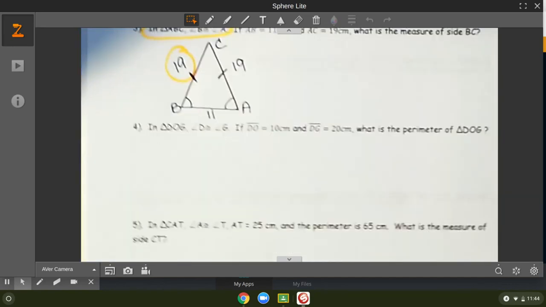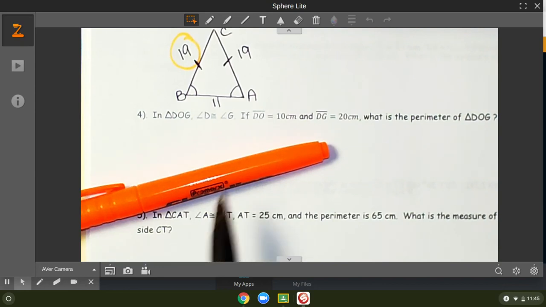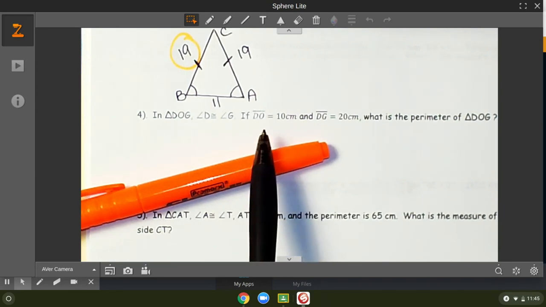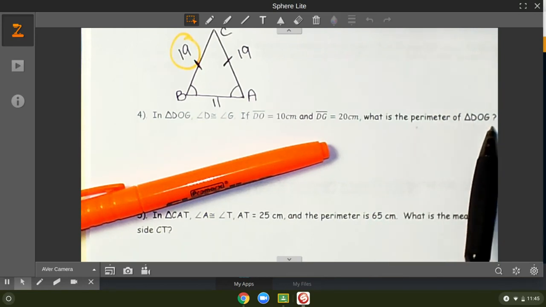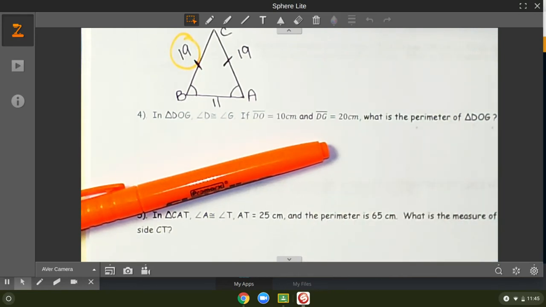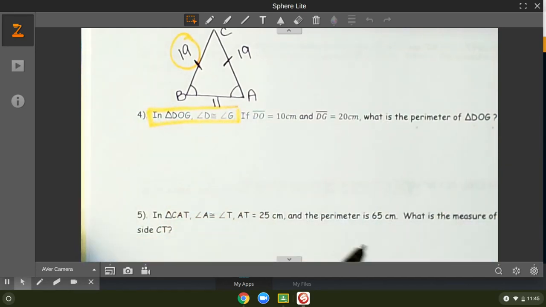Okay, let's take a look at number 4 then. In triangle DOG, angle D is congruent to angle G. DO is 10, DG is 20. What is the perimeter of triangle DOG? Okay, before we do anything, ask yourself, do you know what type of triangle this is? Yes, we do. This first sentence tells you exactly what type of triangle it is.